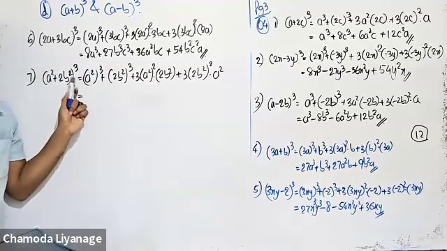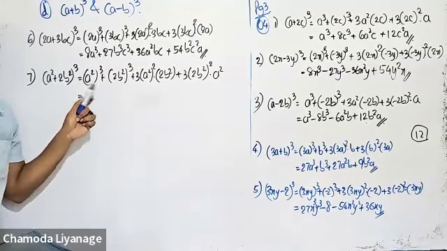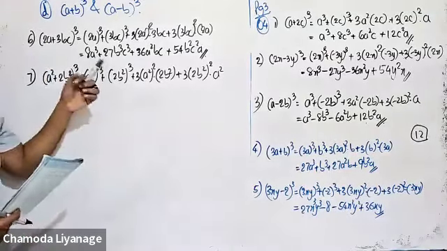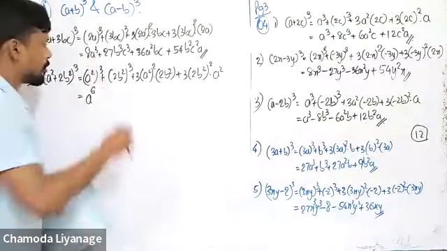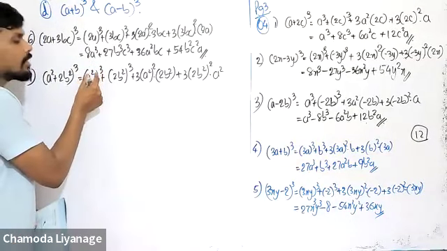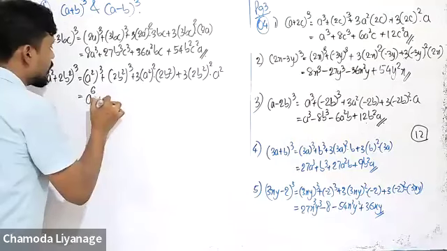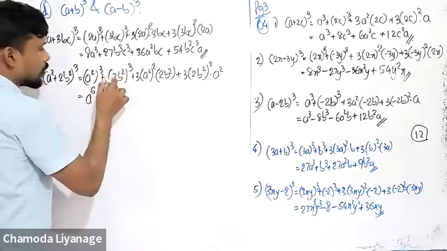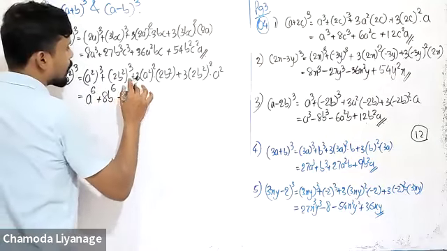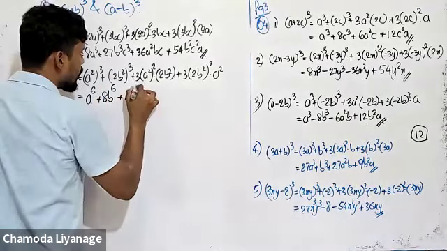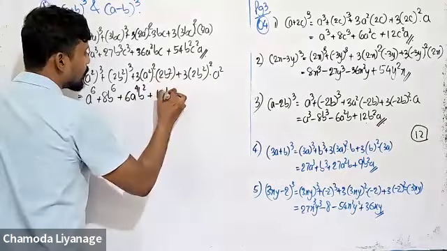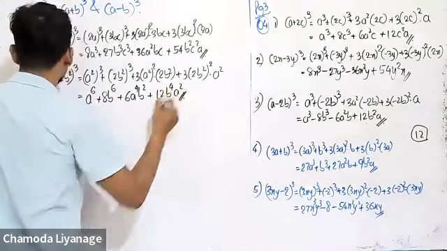Cube of a squared, then you will get a to the power 6, okay? The powers get multiplied. In this case, in the power of power case, the powers get multiplied. And here, 2 cube is 8 and b to the power 6. Here, 3, 6, a to the power 4 into b squared, 12 b to the power 4 into a squared.